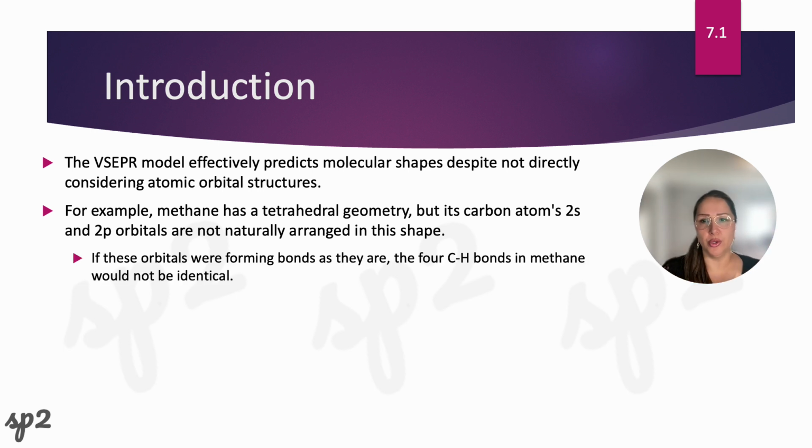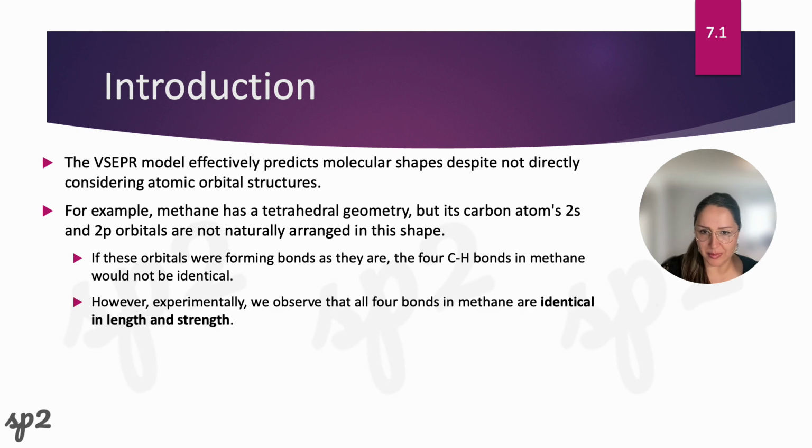If you look at these two orbitals differently, then the four C-H bonds in methane shouldn't be identical. But experimentally, we know they are all exactly the same bonds, with identical length and strength. So how is this possible? If they are using different orbitals to make these bonds, how come all four are exactly the same? To answer this question, follow me on the next page.